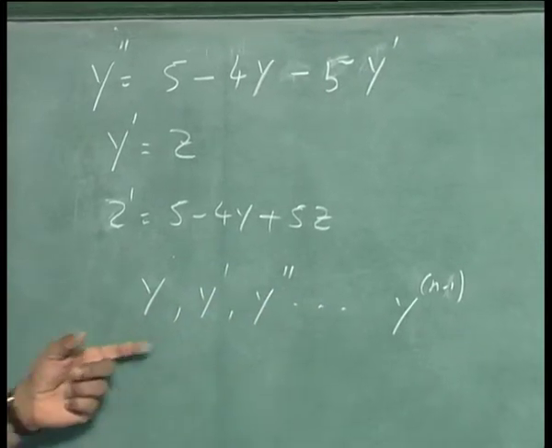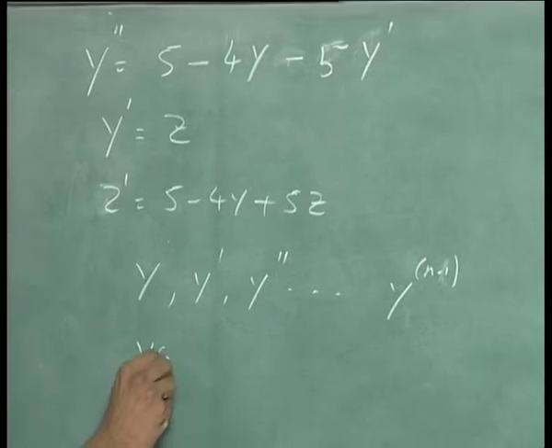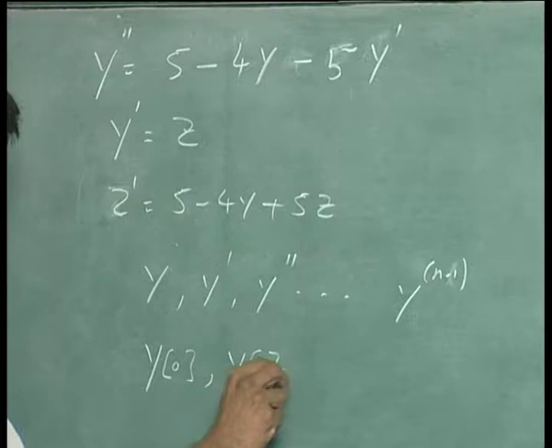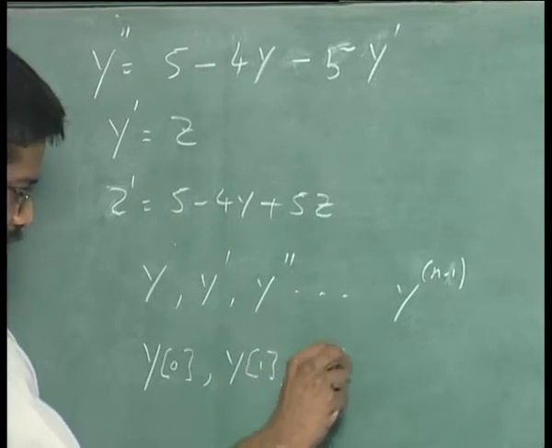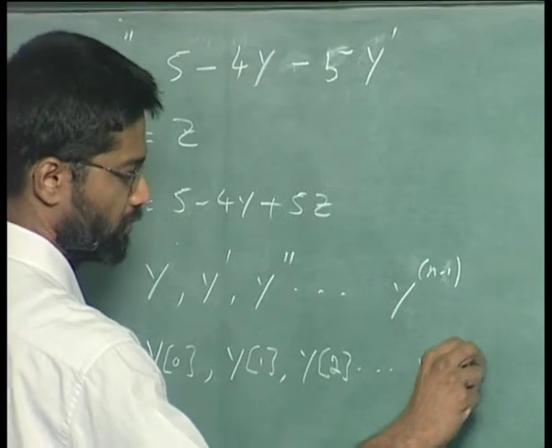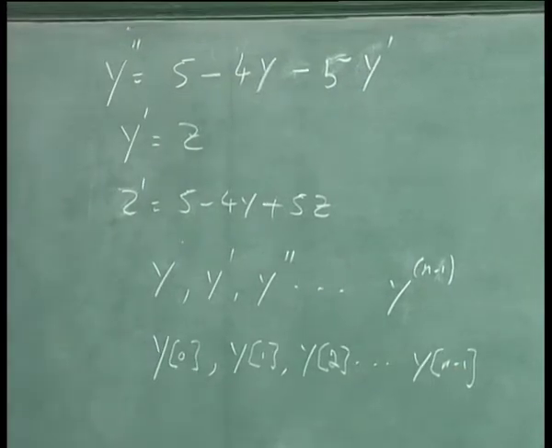We call them y0, y1, y2, etc. to y n minus 1, and we put them in an array. That is what we will do in the program.